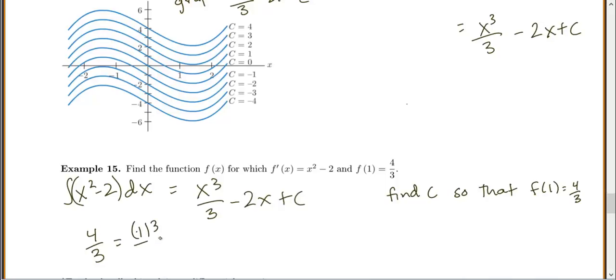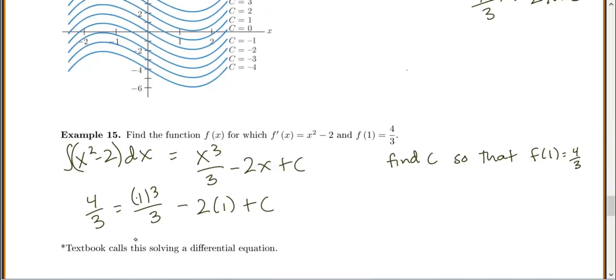So 1 cubed over 3 minus 2 times 1 plus c. So we have 4/3 equals 1/3 minus 2 plus c. Or I can do 4/3 minus 1/3 plus 2, c equals 3.